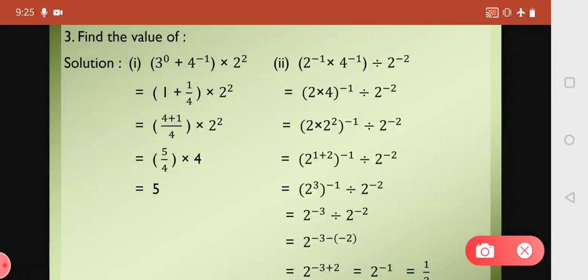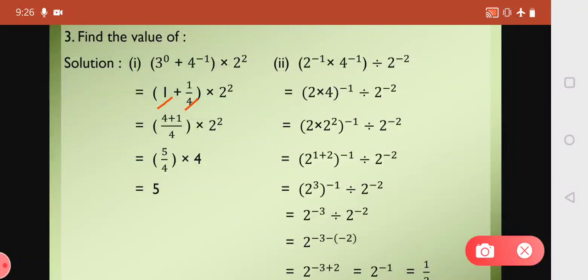First let's solve the bracket. Now any base raised to 0 is 1. We have learned the law, so we'll write 3^0 as 1 and 4^-1, that is the reciprocal of it, will become 1 upon 4, into 2^2.